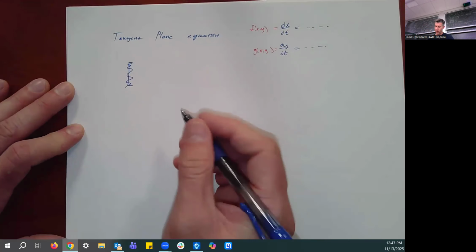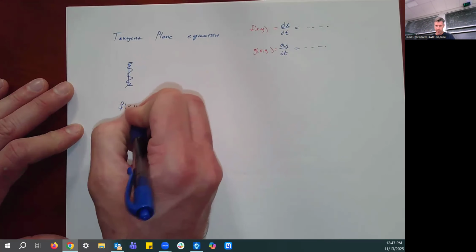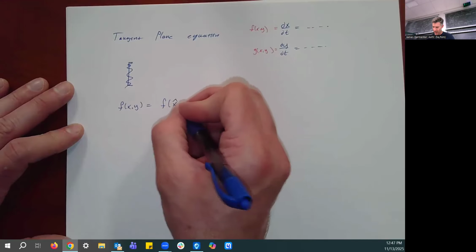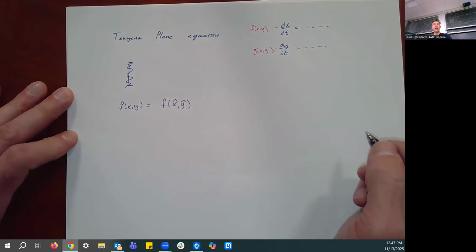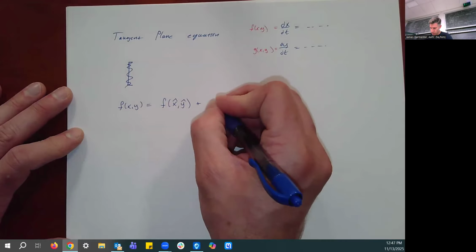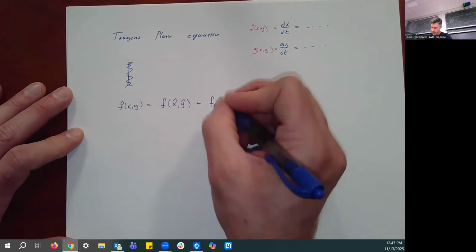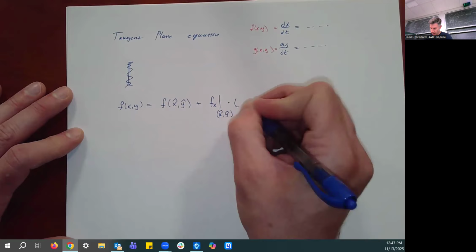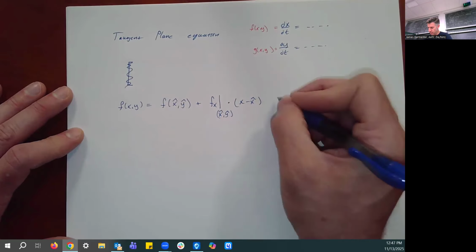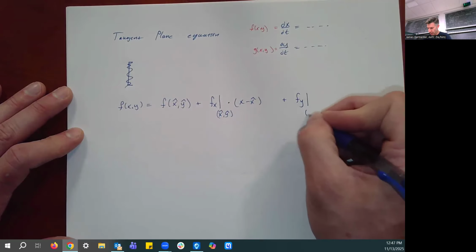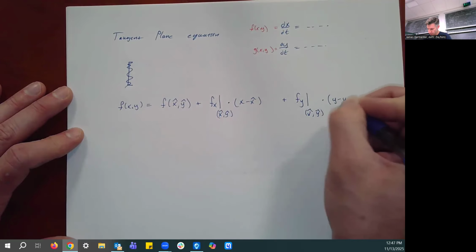So here's his tangent plane equation. f of x, y is approximately equal to f of x hat, y hat, instead of x naught, y naught, because usually we're plugging in equilibria, plus your partial derivative evaluated at x hat, y hat, times x minus x hat, plus your partial derivative with respect to y, also evaluated at your point x hat, y hat, times y minus y hat.